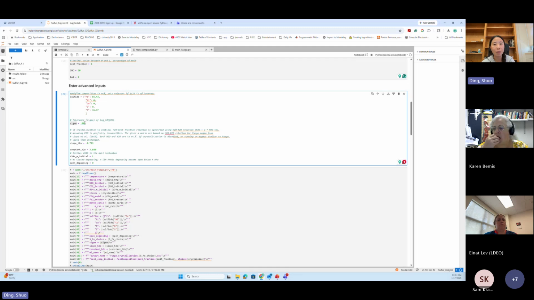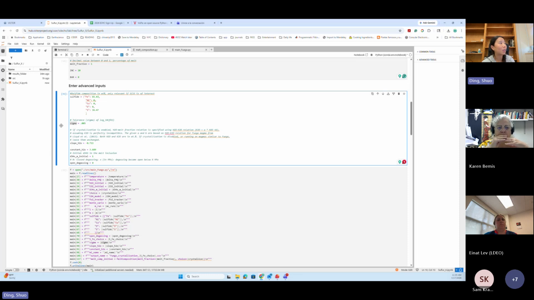I think this value can be as high as 0.1. I mean, it really depends. Even if it's 0.1, it's still within the measurement uncertainties. So based on our current technique, it will be difficult to actually differentiate fO2 smaller than 0.1.